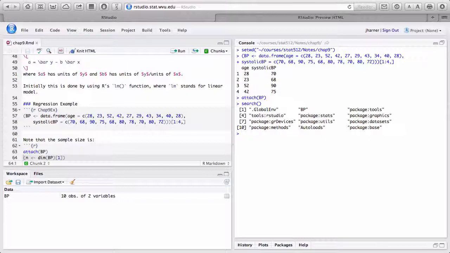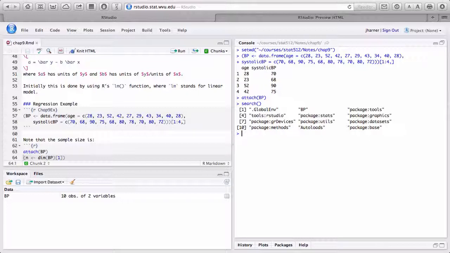It would have looked for it. How does it look for it? It looks in the global environment and says there's no age. It would keep looking down, and ultimately it would say, I can't find age. Symbol undefined.